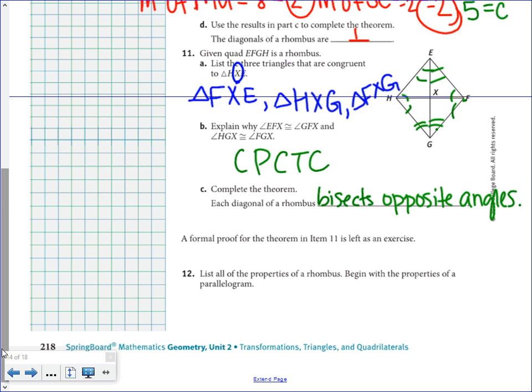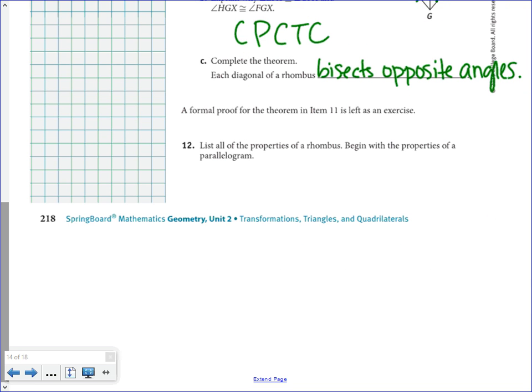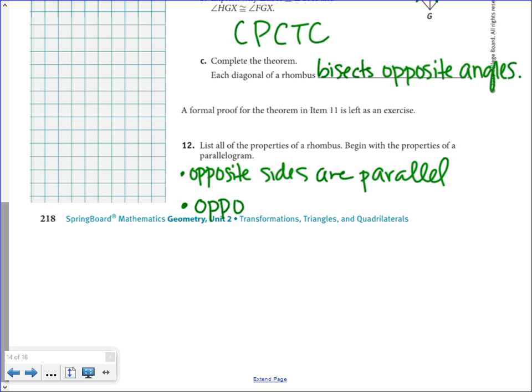We want to list all of the properties of a rhombus. And it says, starting with the fact that we know it's a parallelogram. So that means that we know opposite sides are parallel. We also know opposite angles are congruent.